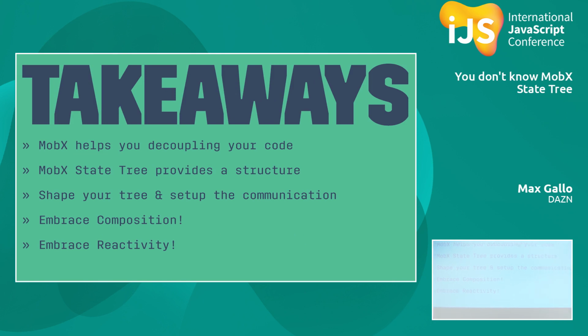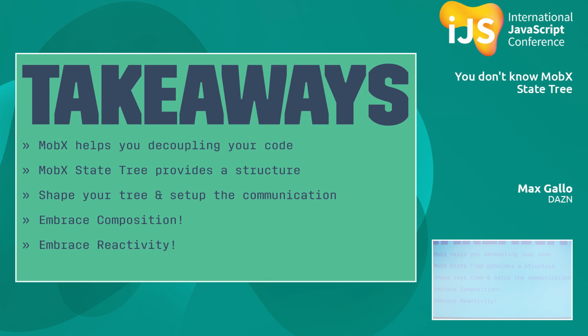Takeaways: MobX helps you decouple your code. Business logic and view are separated. Your view needs to be as dumb as possible. MobX State Tree provides a structure. It doesn't actually invent anything out of the blue. It simply provides you a structure to use MobX concepts. When you set up a project, you need to shape your trees and set up the communication between stores.